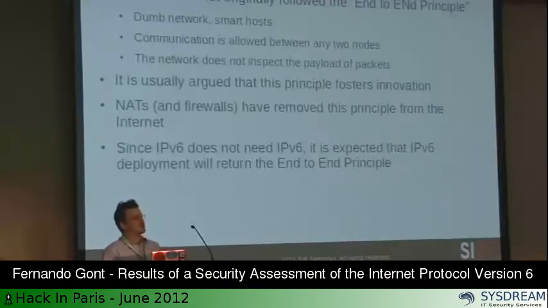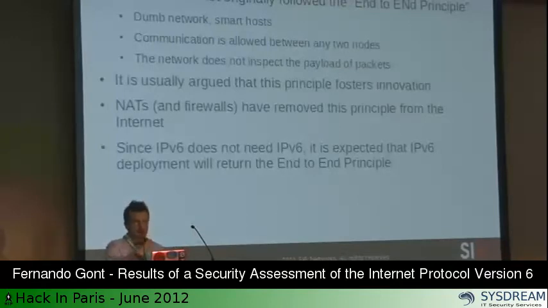Two of the devices that are probably responsible for removing this end-to-end principle from the internet are NATs and firewalls. Essentially, both NATs and firewalls need to inspect the contents of packets, so they violate most, if not all, of these aspects that we discussed here.